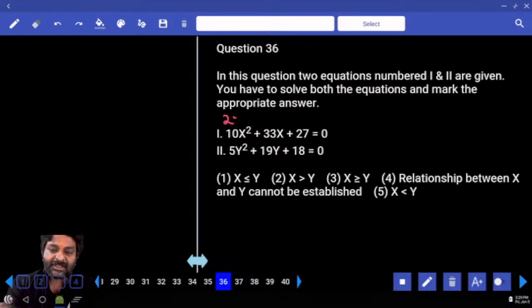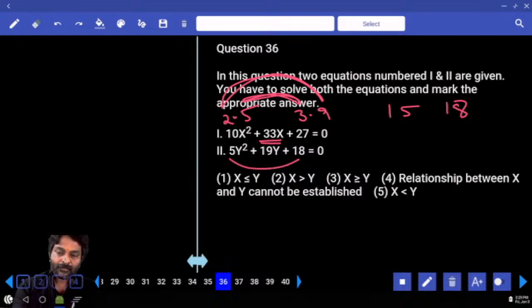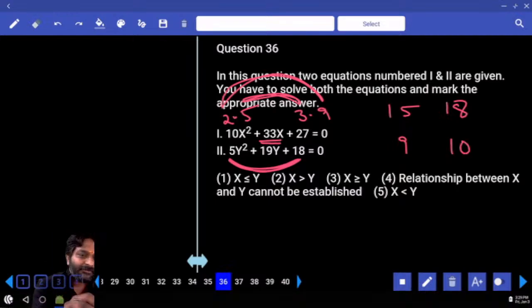Ten can be written as 2 into 5, 27 can be written as 3 into 9, correct? Right. So now it is 33. 3 into 5, 15, 18. 15 and then 18, combination, correct? Product is 90, can be written as 9 and 10. Then the factors are minus 15, minus 18, minus 10, minus 9, minus 10.